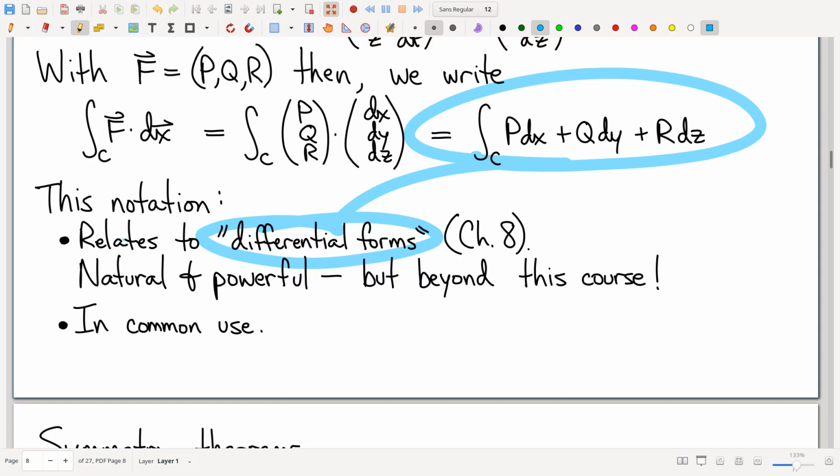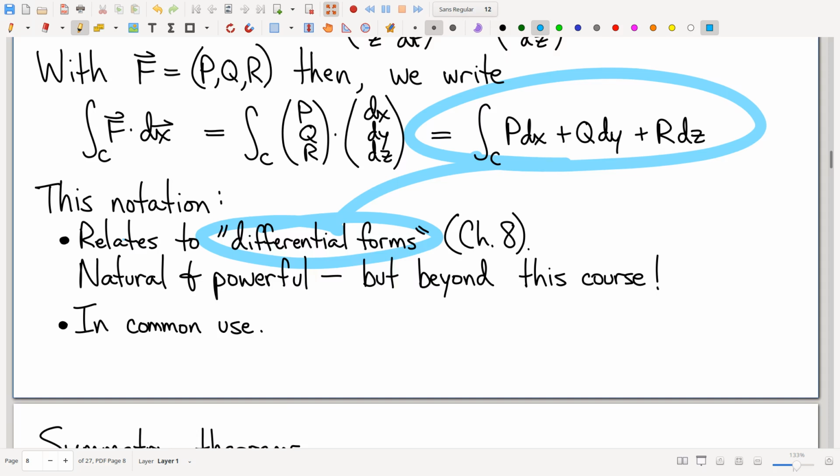Mathematicians struggled for decades, nearly 100 years, to try to figure out how to take all the theorems that we're going to learn about in the rest of this course. Green's theorem, we're going to start in a few minutes. Gauss's divergence theorem, Stokes's curl, various other big theorems, and how to relate them to each other.